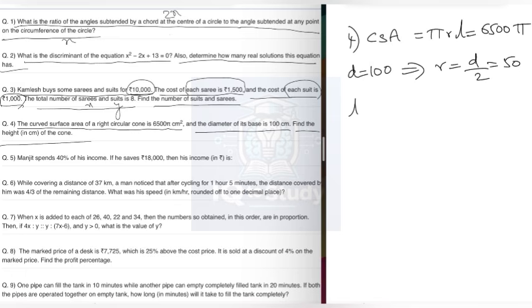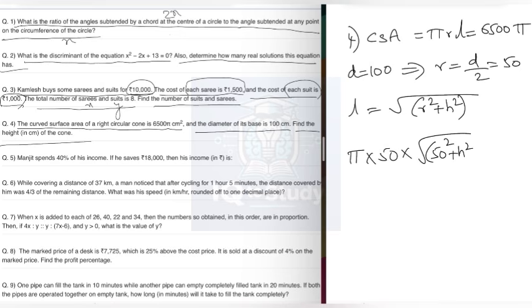We know that slant height L is equal to square root of r square plus h square. Let's substitute all into 1. Pi into 50 into square root of 50 square plus h square is equal to 6500 pi.